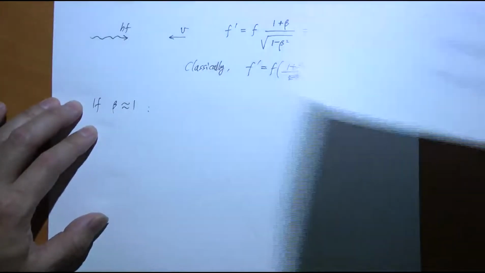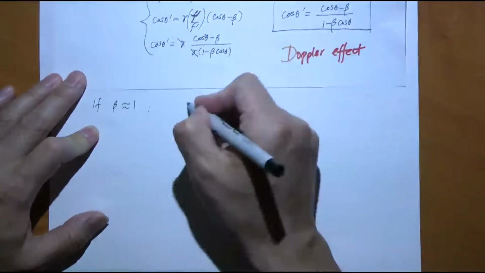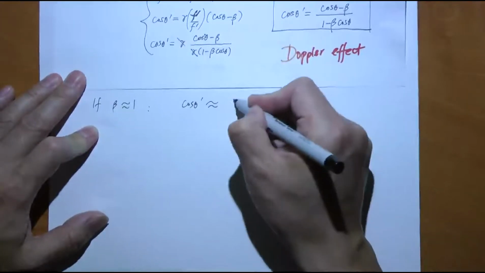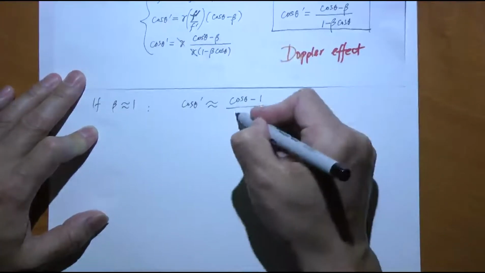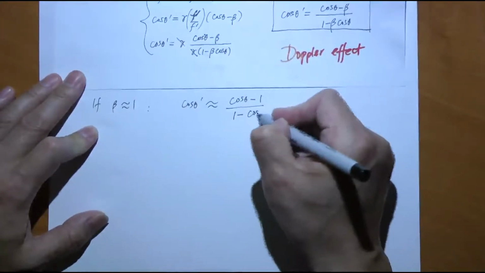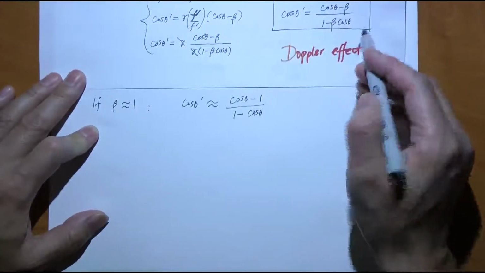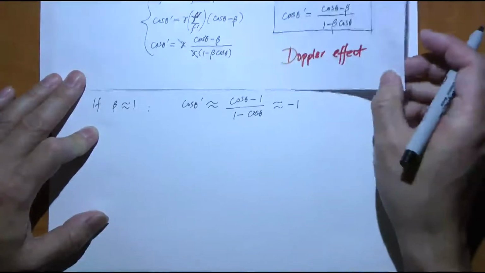Look at the formula for angles. So I have now cosine theta prime is roughly equal to cosine theta minus 1 divided by 1 minus cosine theta, right? Look at this, because beta is almost equal to 1. And this is about negative 1. You know what that means?